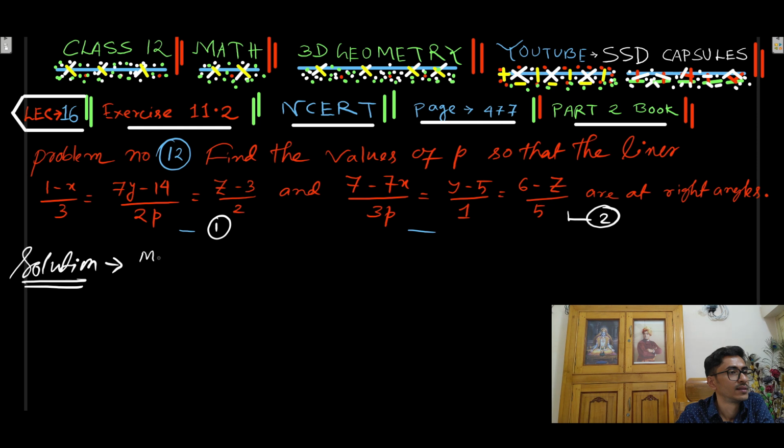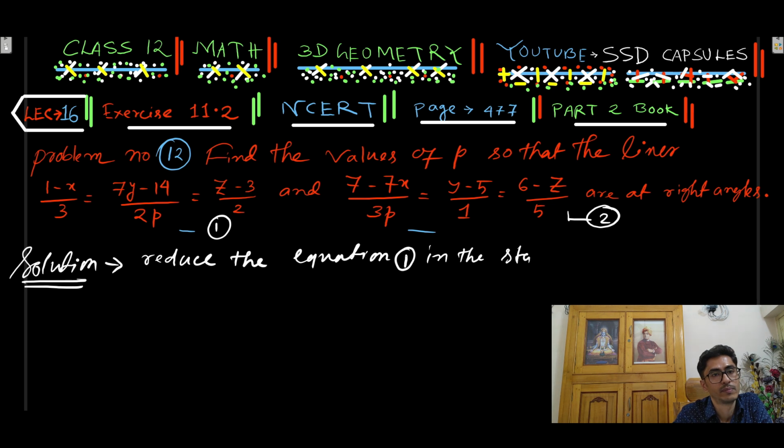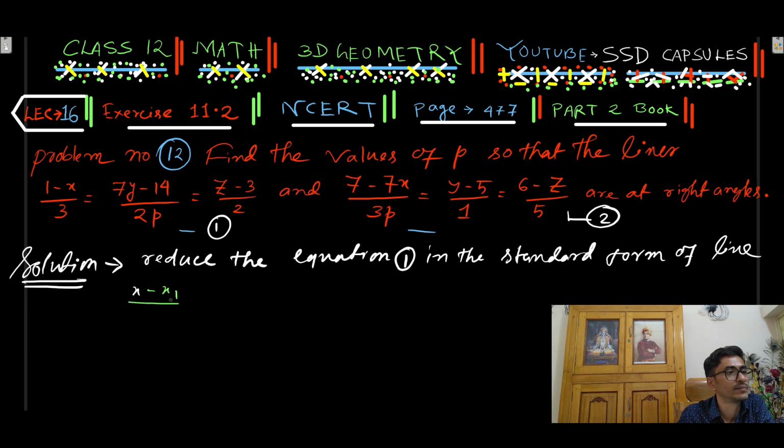Reduce equation 1 to the standard form of a line: x minus x1 by a1, y minus y1 by b1, z minus z1 by c1.